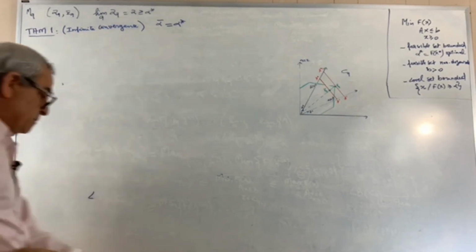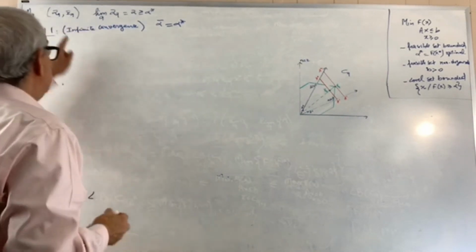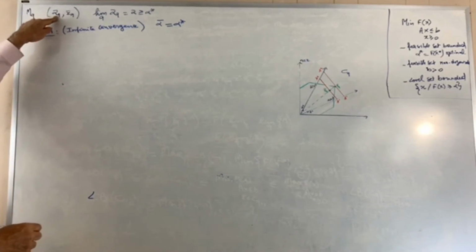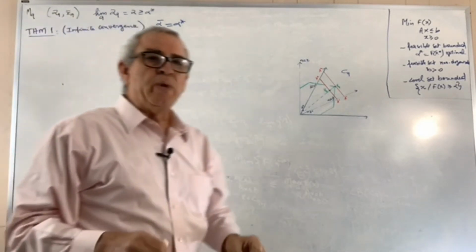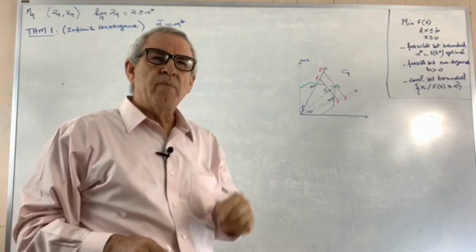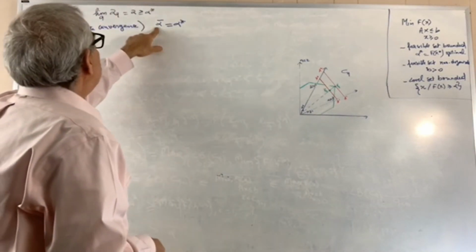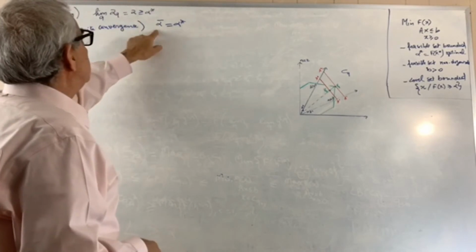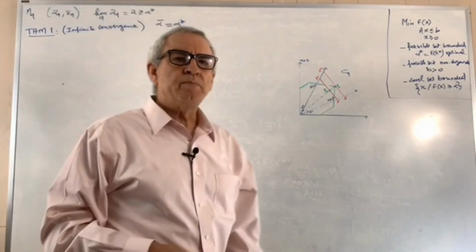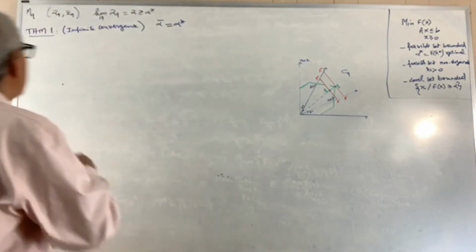In other words, remember alpha bar_q is the best solution that we have at iteration q. If we keep iterating long enough, then the limit of alpha bar is going to be equal to alpha star. So that's the infinite convergence.